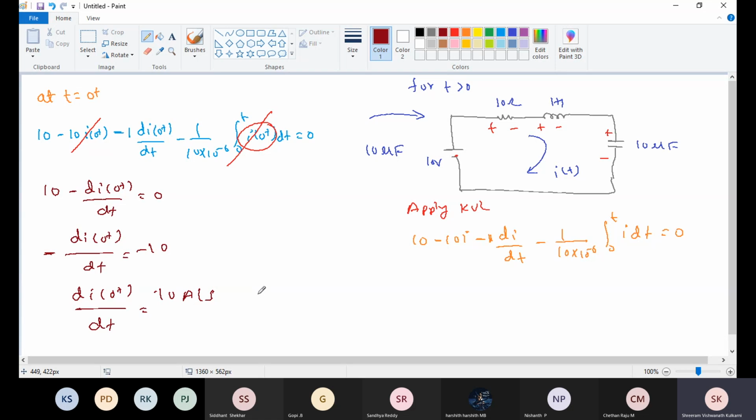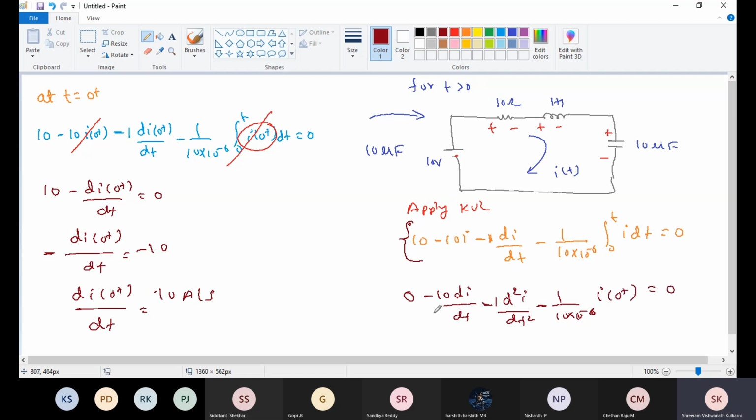Now differentiate this equation. I'll get constant 0, minus 10 di/dt, then minus 1 d²i/dt², then minus 1/(10 into 10 raised to minus 6) i equals 0.